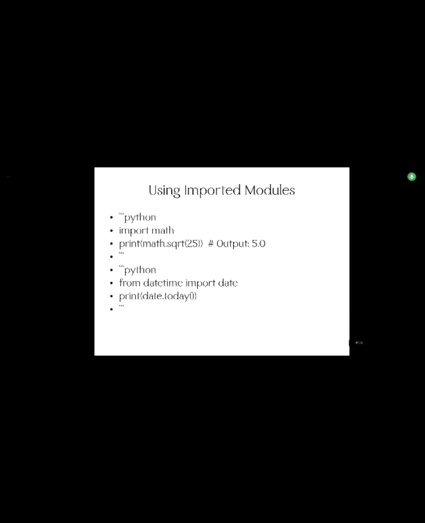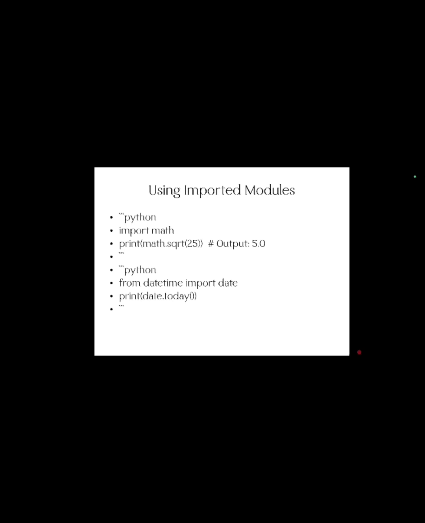Here are some more examples. Here we gave import math, and then we gave math.sqrt of 25, and we know that the square root of 25 is 5 and the output will be 5. Here we used the math module, and in that we wanted the square root.